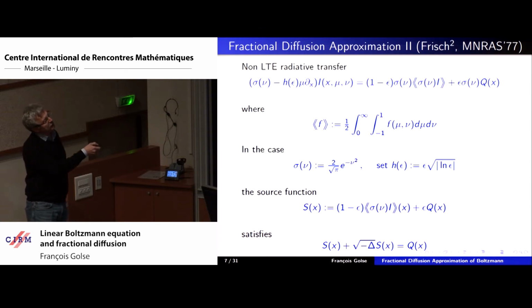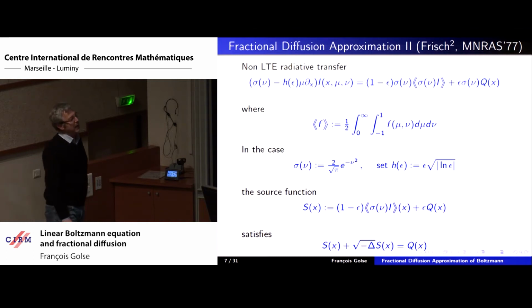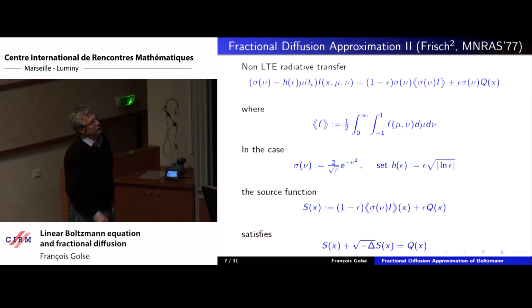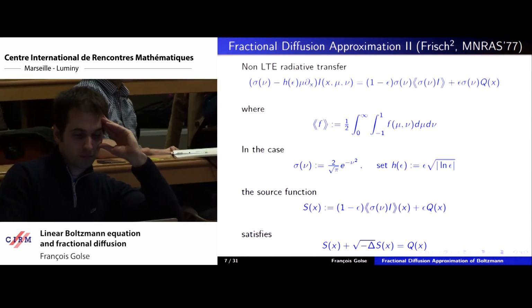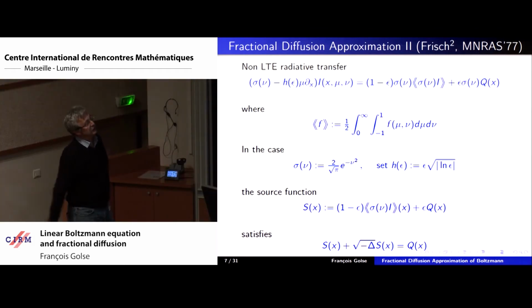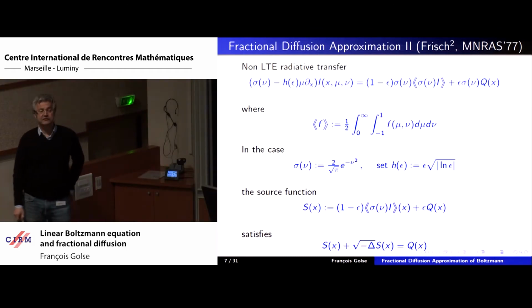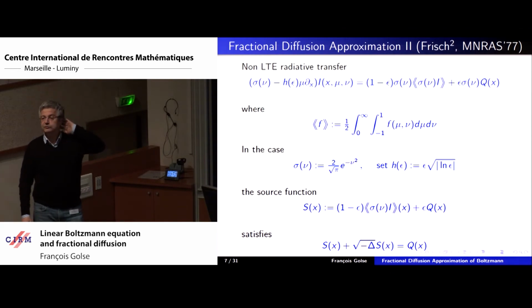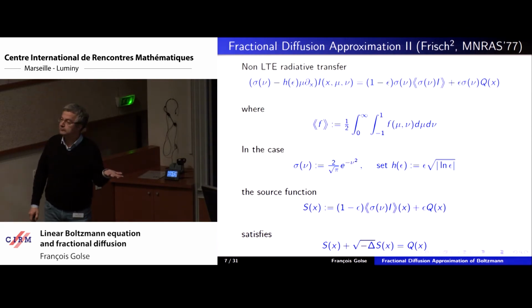As a result, the appropriate scaling as epsilon tends to 0 for this equation is to pick h epsilon to be this epsilon square root of the log of 1 over epsilon. This is the appropriate choice for analyzing this equation. And you see immediately that it's a setting where it's going to be virtually impossible to use any asymptotic expansion method, right?